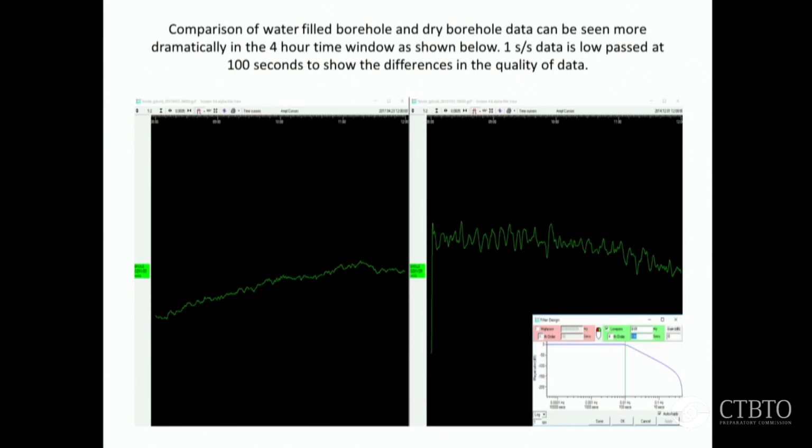Now, to look at it in a slightly different way, this is a 4-hour section of a dry borehole and a 4-hour section of a wet borehole, low-passed at 100 seconds, and I'm getting rid of all the high-frequency stuff, which is mostly what you would be interested in. You can see the enormous difference in the time domain, and in the frequency domain it's even more apparent.